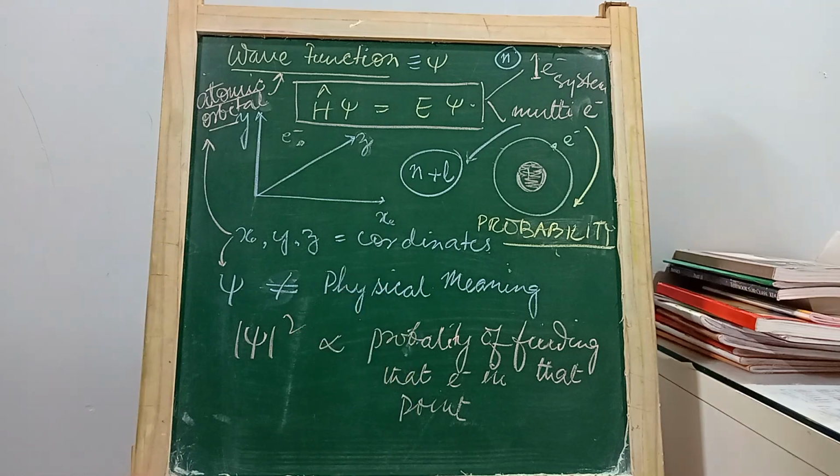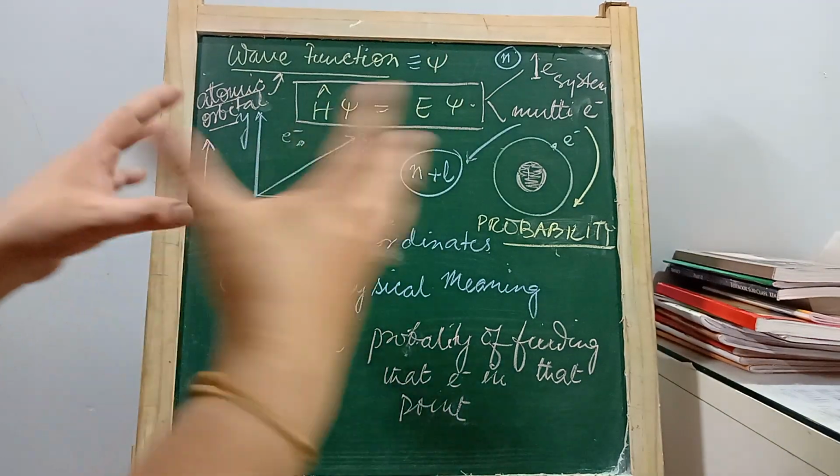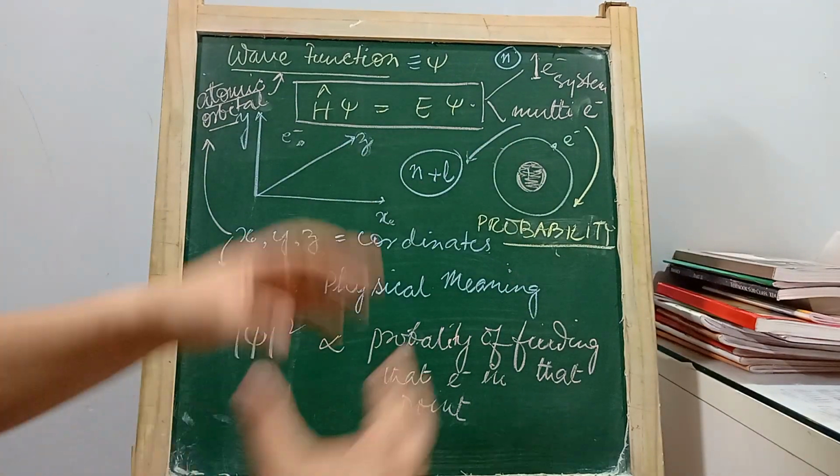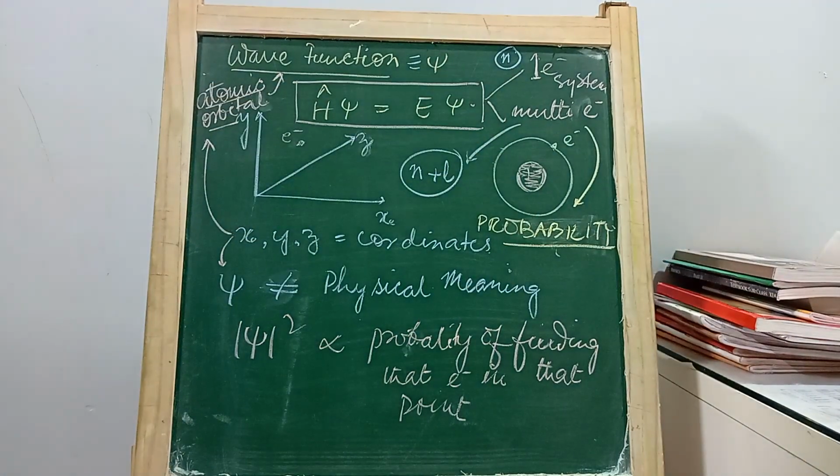For a one electron system, the energy of the system depends on the value of n, the principal quantum number, right?